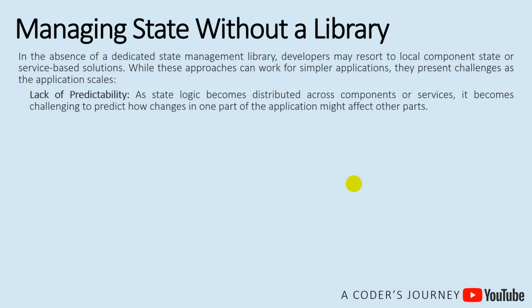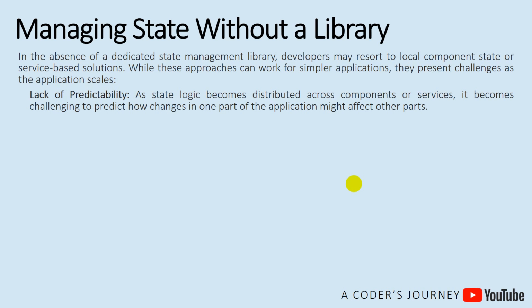Lack of predictability. As state logic becomes distributed across components or services, in small applications which are composed of, I don't know, 5 to 10 components, no problem. Local component state can help.